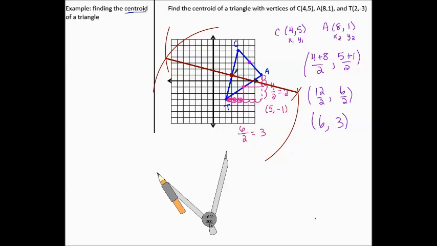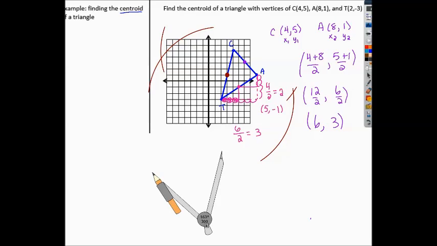So let's get that unsightly line out of our way. And now we can use our vertices and midpoints to find our centroid. So from this point to A, from C to the opposite midpoint, and lastly from T to the third.